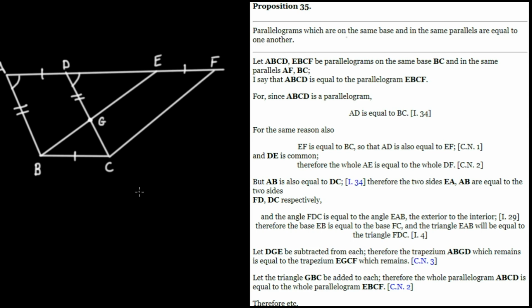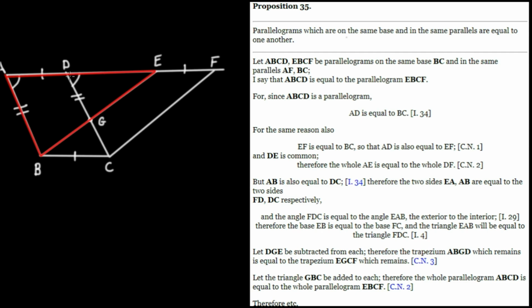And notice in these two triangles that we almost had illustrated, we have this triangle right here, ABE. Notice we have AE that was in common with DF, and AB is in common with DC. And we have these two angles in between the two respectively equal sides also being equal.